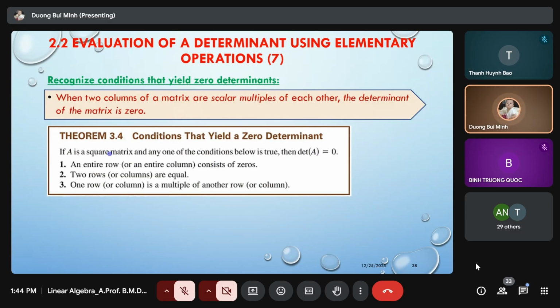If A is a square matrix and any one of the conditions below is true, that means the determinant is 0. We have an entire row or entire column consisting of 0, I mean we have a zero row or column.